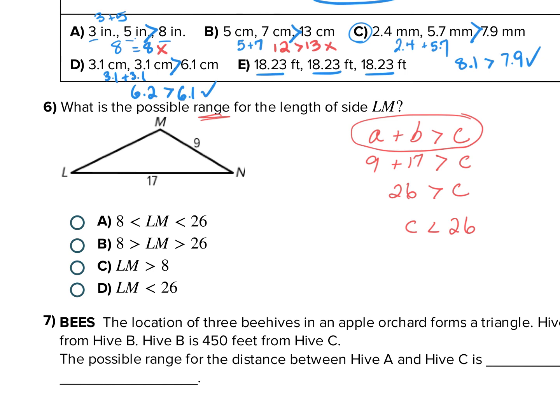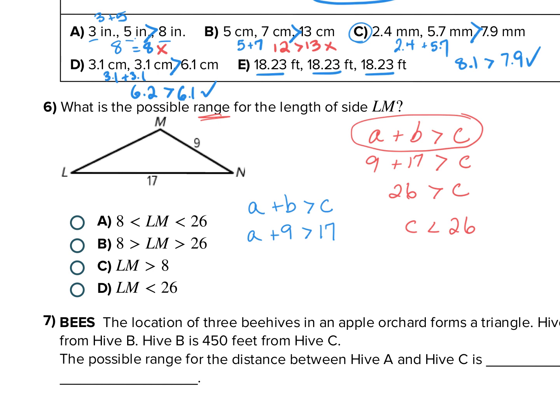We get our range by assuming that the missing side could also be my shortest side, which would mean 17 would be our largest side or our longest side.